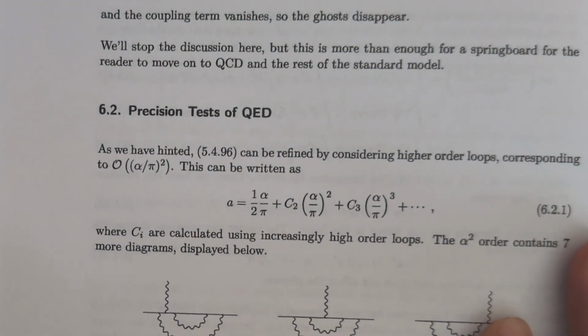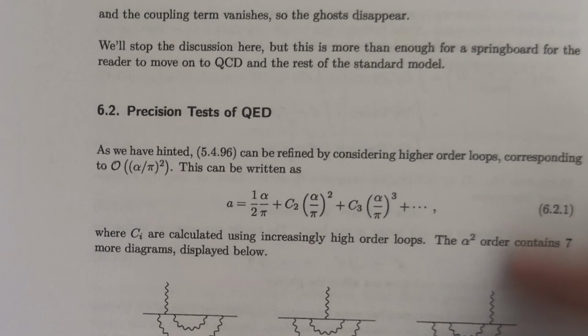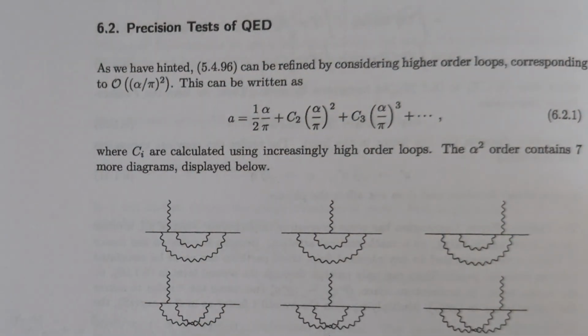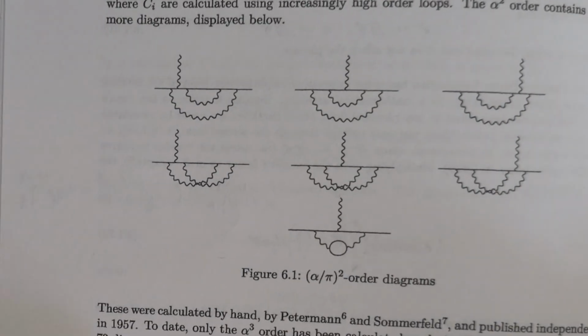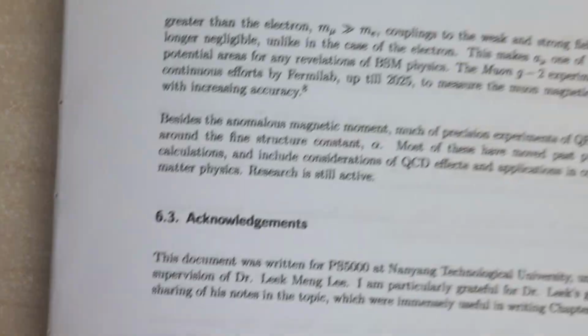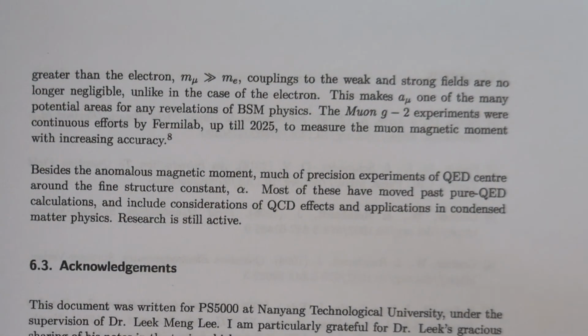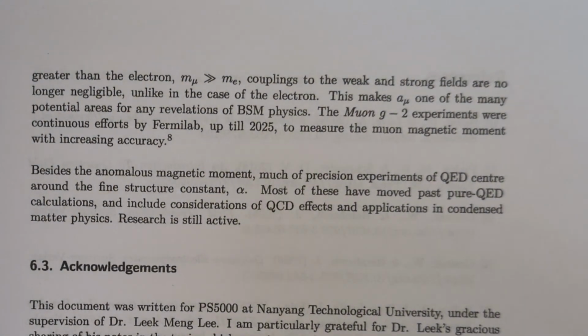I split up the epilogue into a theoretical discussion and an experimental discussion. So this is the experimental part. I'm talking about using QED to test for any physics beyond the standard model.